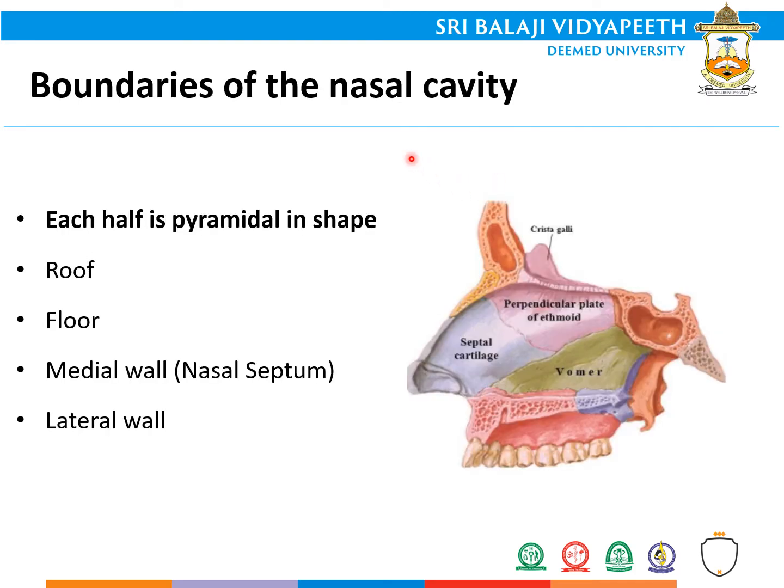The boundaries of the nasal cavity. Now, each half of the nasal cavity is pyramidal in shape, right? What you're seeing here is the sagittal view of the nasal cavity. This structure here is the roof of the nasal cavity, and the structure below forms the floor of the nasal cavity.